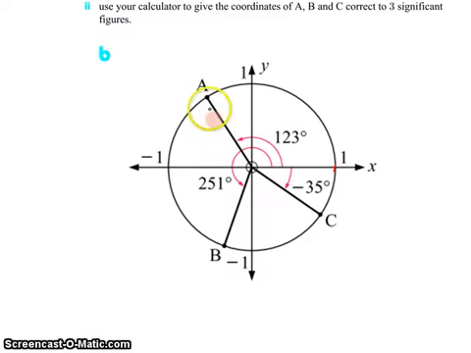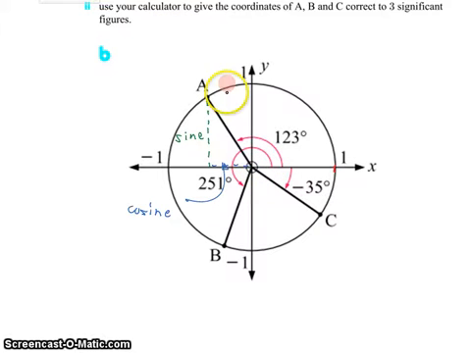So for part A, for point A, there's a vertical component describing the point, and a horizontal component describing the point. And these two components are described by sine and cosine. Sine for the vertical component, cosine for the horizontal component.